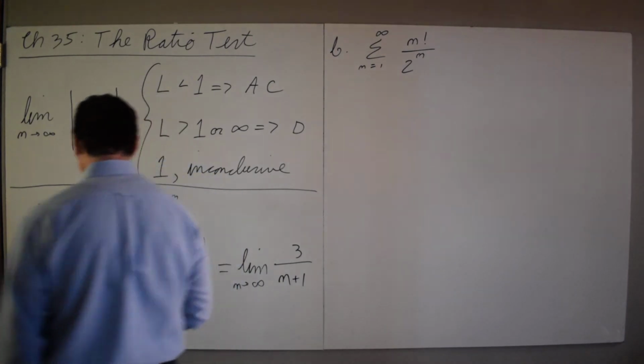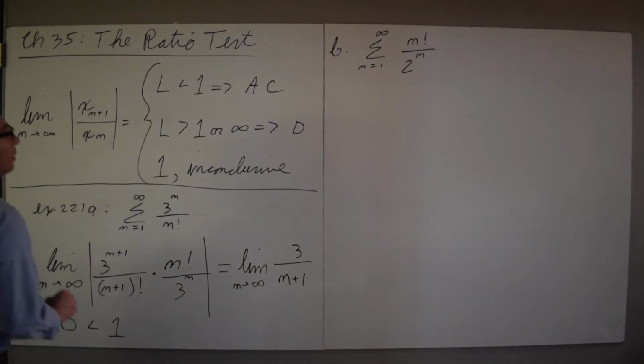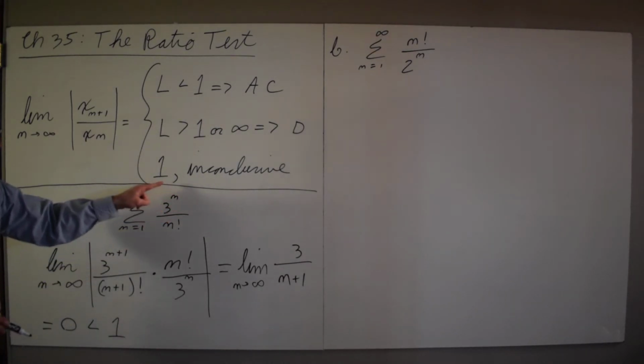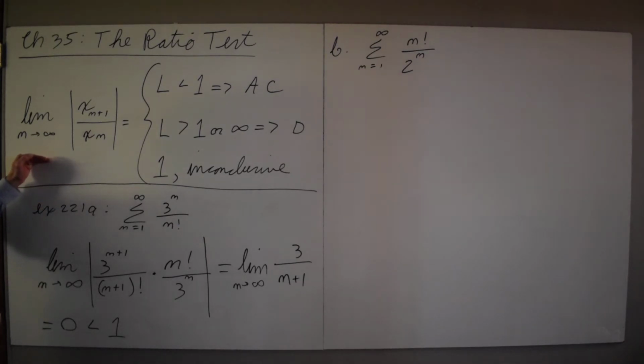And so this limit is equal to 0, which is strictly less than 1. Therefore, this series is absolutely convergent by the ratio test. Now again, saying that it's absolutely convergent is redundant because these terms are always positive. But this series is absolutely convergent by the ratio test.